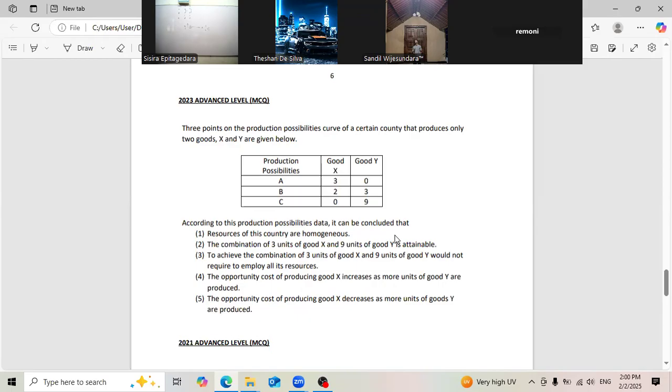Or else you can draw a PPC curve, Lamai. Draw a PPC curve for this data. Draw a production possibility curve on a scale and look at the shape of the graph.